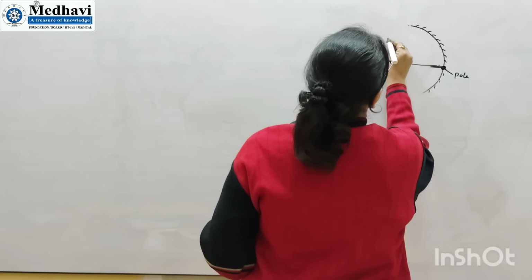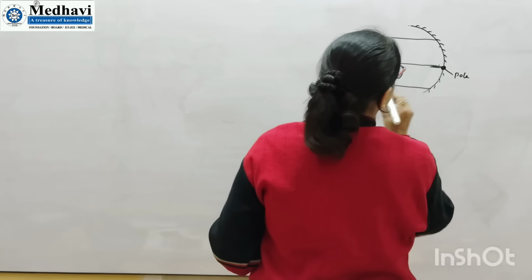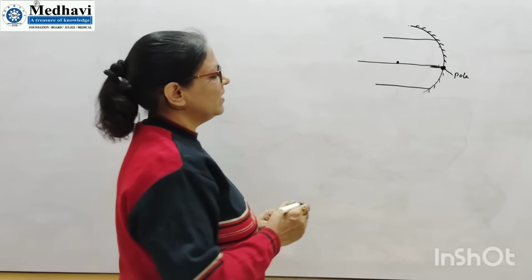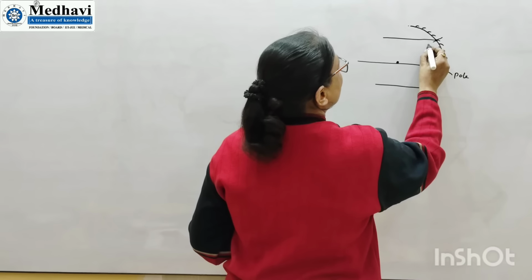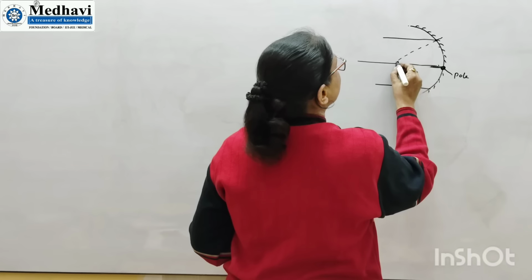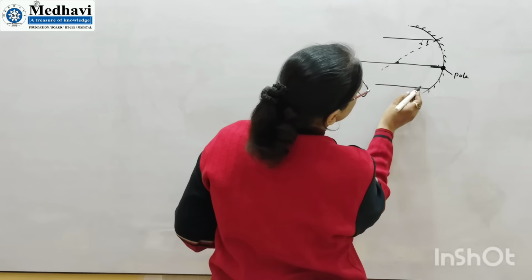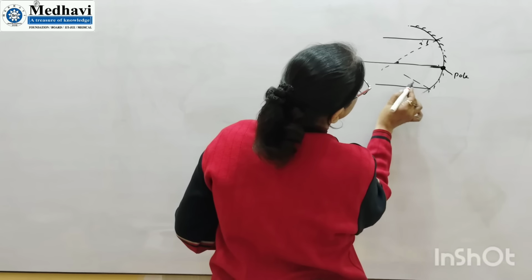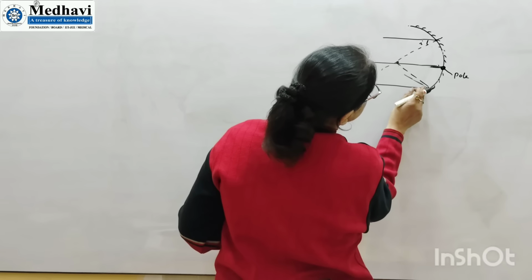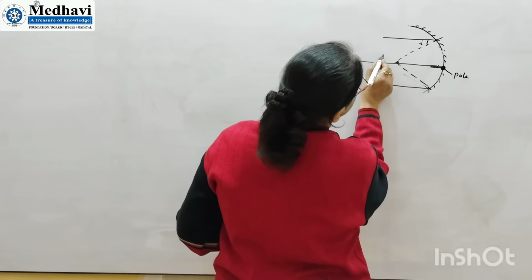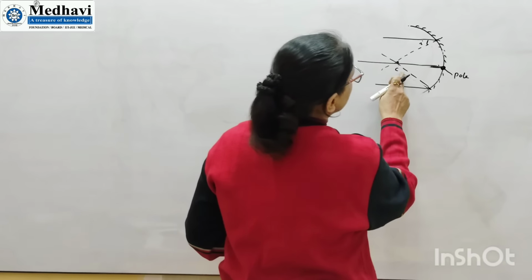Suppose a ray strikes here, here also. Then we will draw the normal. From the point where it strikes, from there we will draw the normal. This is the angle of incidence. Here also. This is C. Here also. This is the normal.